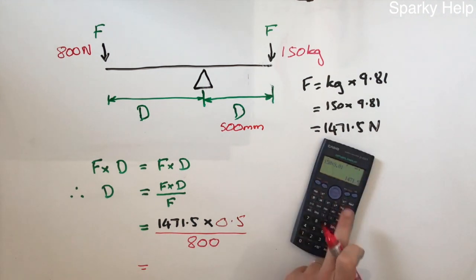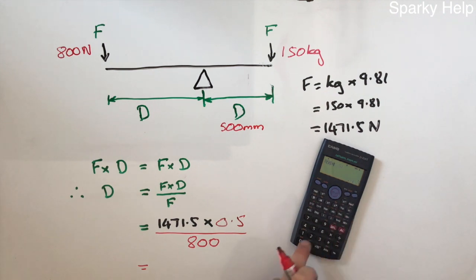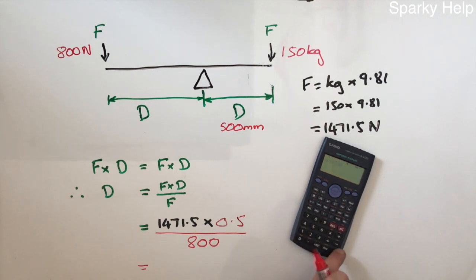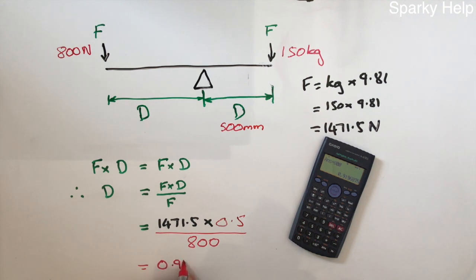So 1471.5 times 0.5 divided by 800. And it comes to 0.919 metres. So 919 millimetres effectively.